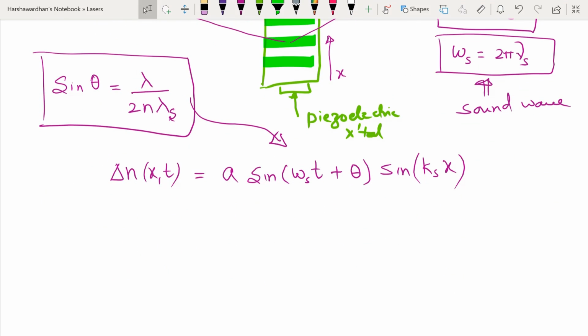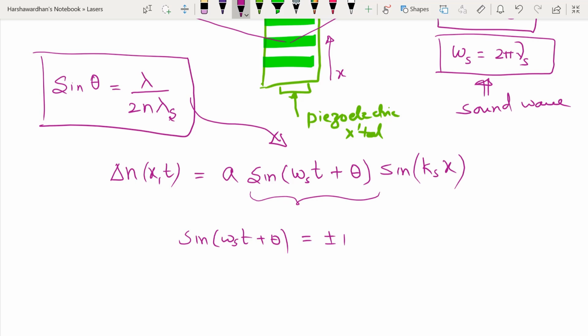Right. So you can clearly see now that if sine of omega s t plus theta equals plus or minus 1, the maximum values, you will have the largest variation in the refractive index. That is where these maxima occur. Essentially, strengthening of this acoustic wave or the density variation, or the variation of the refractive index, periodically in time, right?